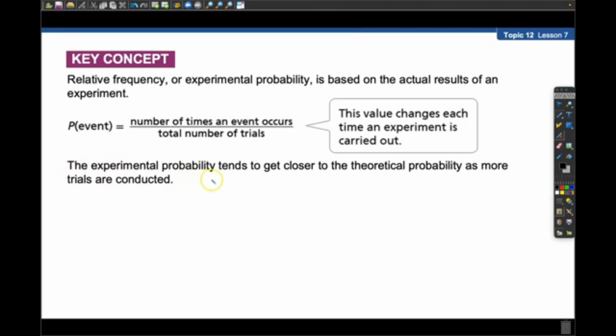The experimental probability tends to get closer to the theoretical probability as more trials are conducted. I could flip a coin 10 times. It could be heads 9 times out of 10. But if I do it 40 times, 50 times, 100 times, it should get closer to that real 50%. I should get heads just as many times as I get tails. It should be close. All right?